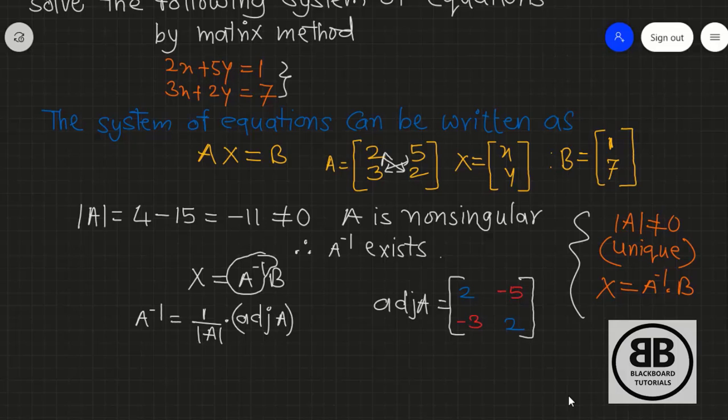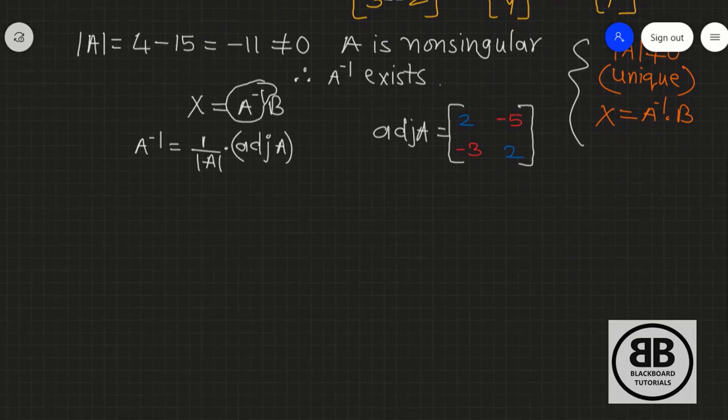Now what will be the solution? Solution will be A inverse of B, so we need to find A inverse. What is A inverse now? This is 1 upon the determinant, which was minus 11, and the adjoint is given to be 2, minus 5, minus 3 and 2.